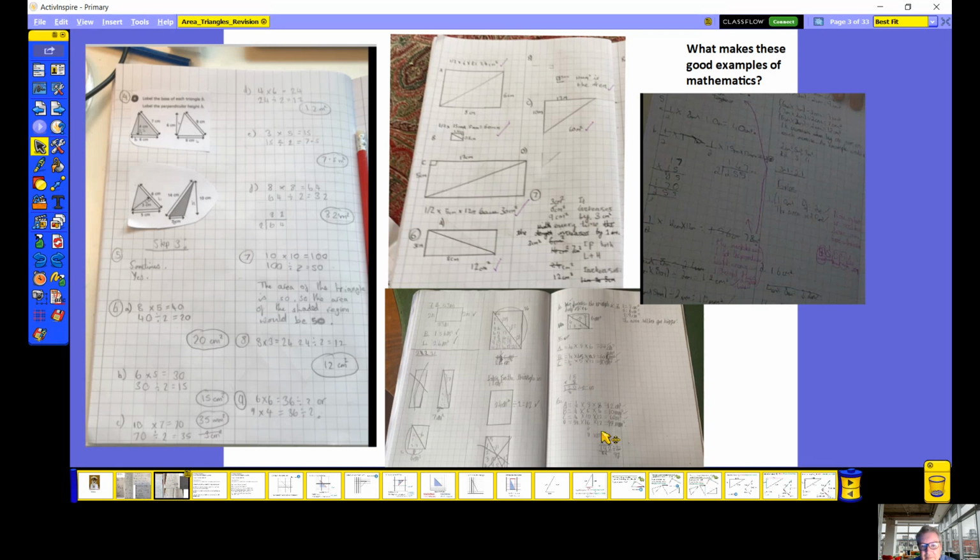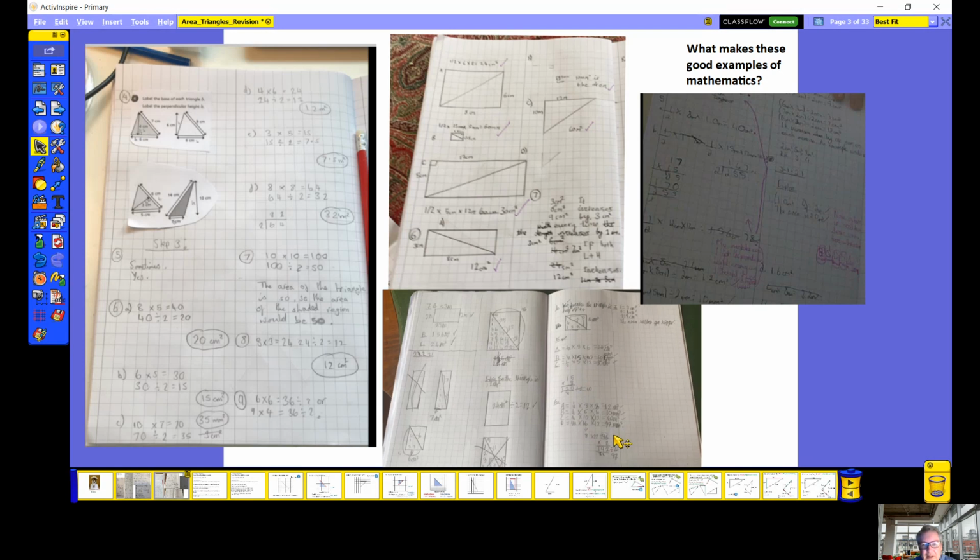Some methods here, methods there. And this one, look, some purple polishing editing here, in addition to calculations. So have a go at making your maths the best it can be.